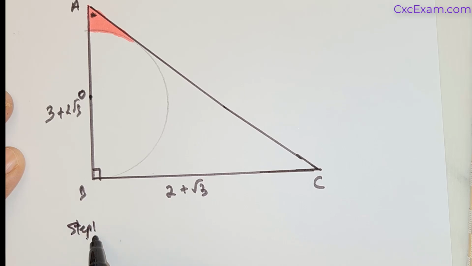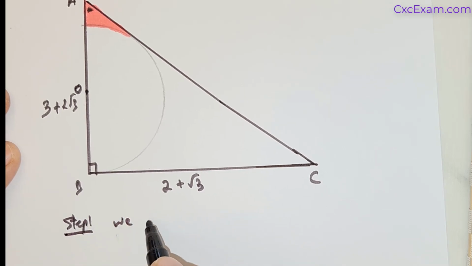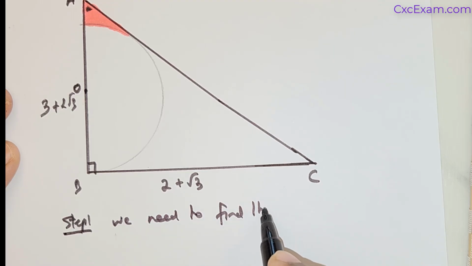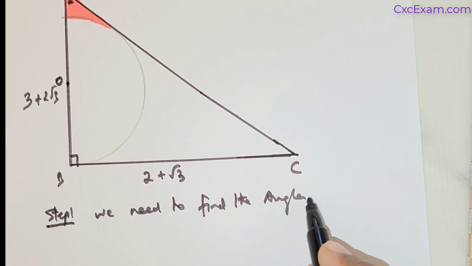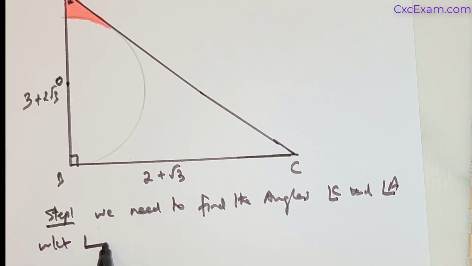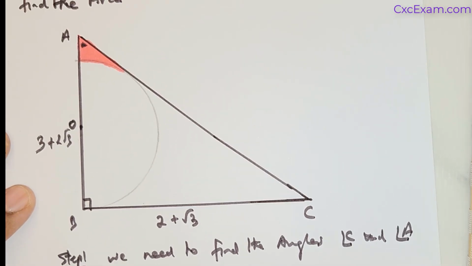Step 1, we need to find the angles C and angle A. We know that angle B is 90 degrees. So how are we going to do that?